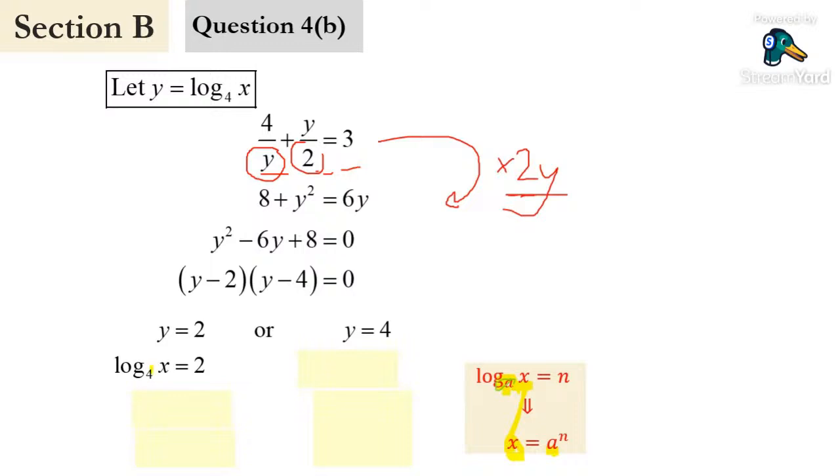So as a result, in the next line you will see that I have x maintained on the left hand side, the base 4 becomes the base of the indices, the 2 becomes the power, and then we have x equals to 16. Similar idea, log x base 4 equals to 4. So I will have x equals to 4 to the power 4. Answer x equals to 256. Therefore, this is the answer that I have.